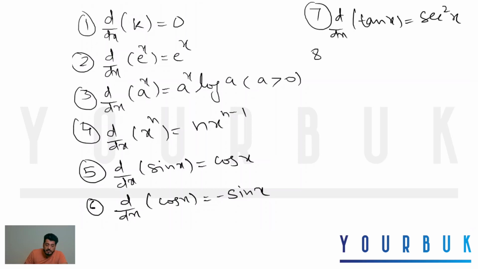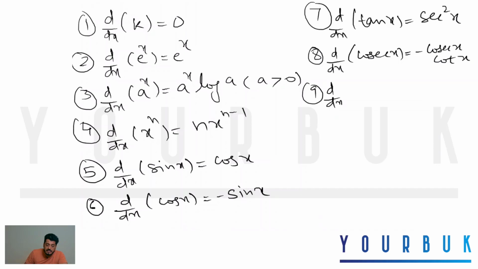Then the derivative of cosec x, which is minus cosec x cot x. Then the derivative of secant x, which is secant x tan x. And then the derivative of cot x, which is minus cosecant square x.